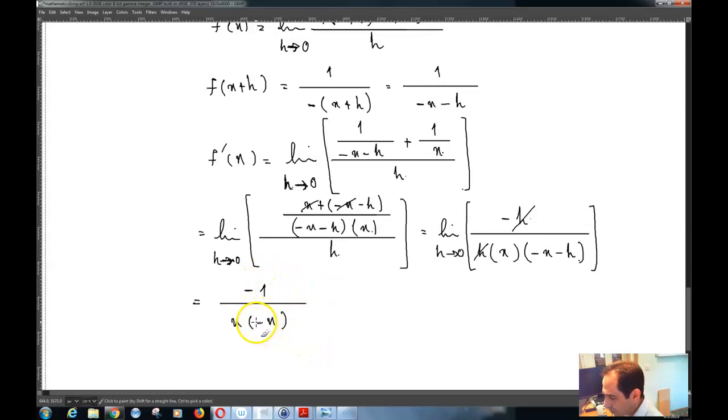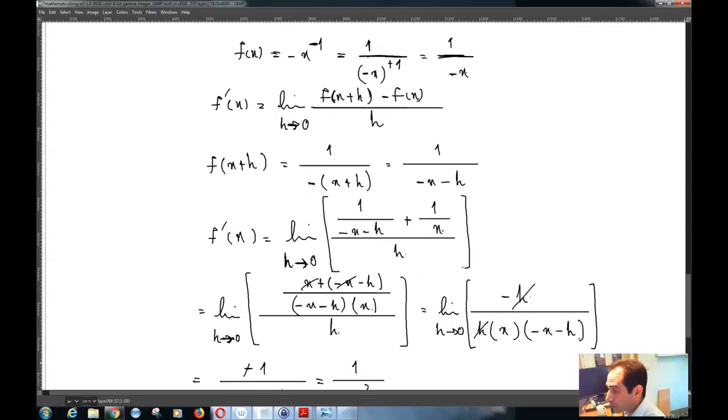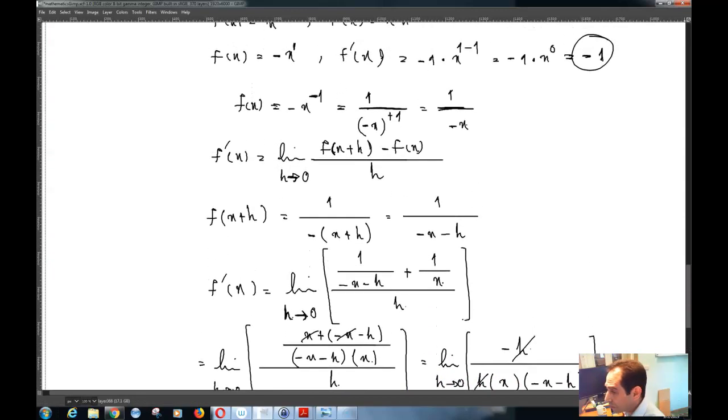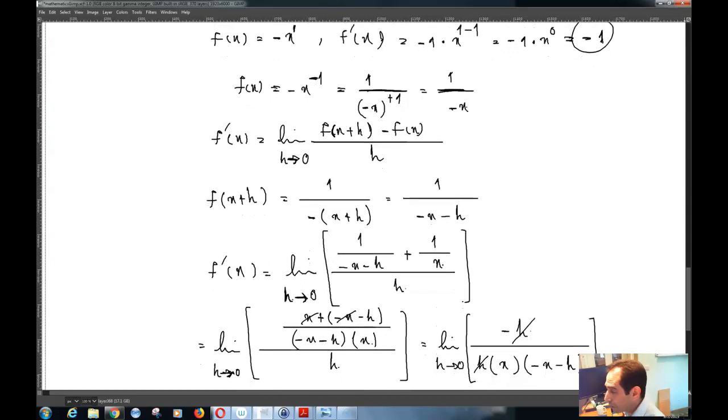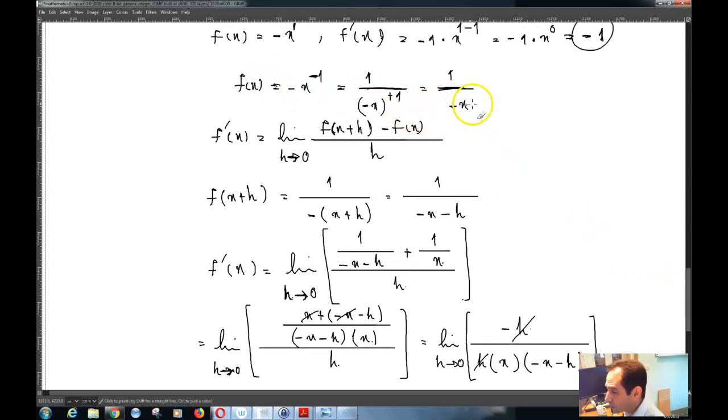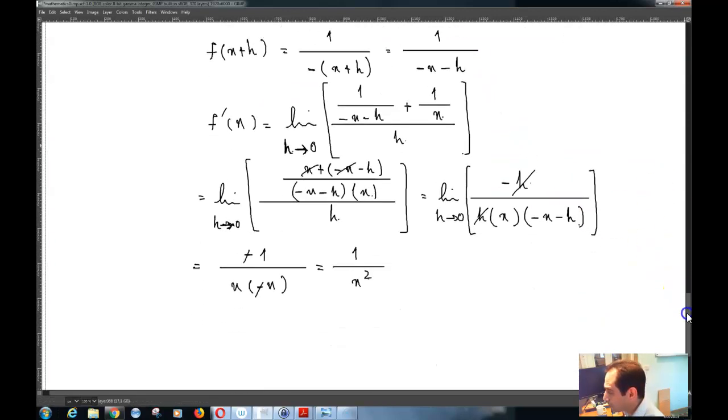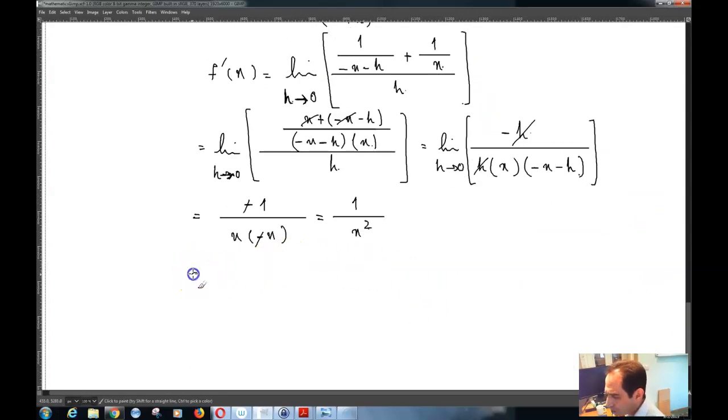Then the negative and negative you can cancel out, and you have 1 over x squared. So that means that when you have f of x is equal to 1 over negative x, d by dx of 1 over negative x is equal to 1 over x squared.